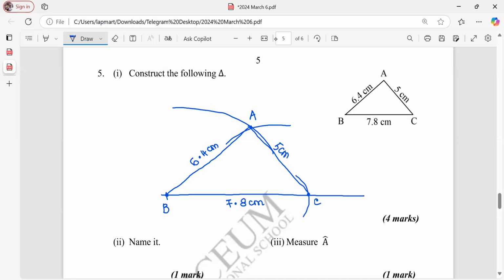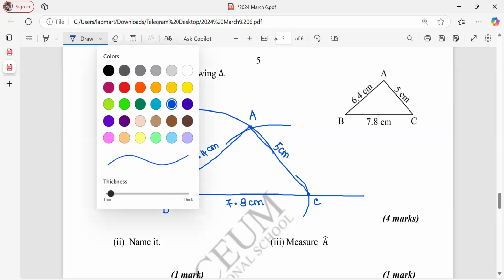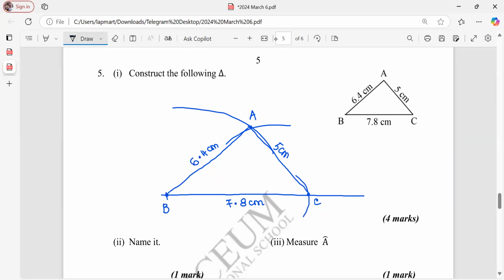So then you want to measure the angle A. Here I will tell you children how to measure the angle A. For that, you want to draw a dotted line like this. You want to extend it. After extending that, you want to keep your protractor like this, and the center of the protractor should be here.